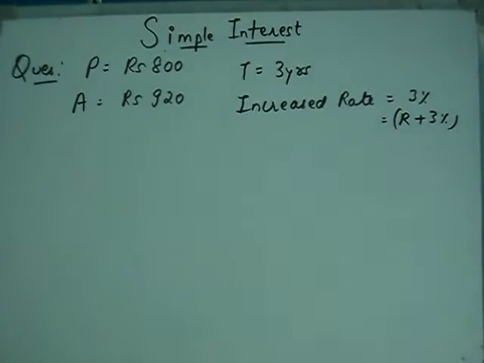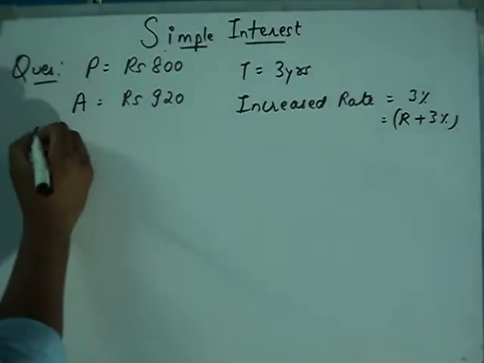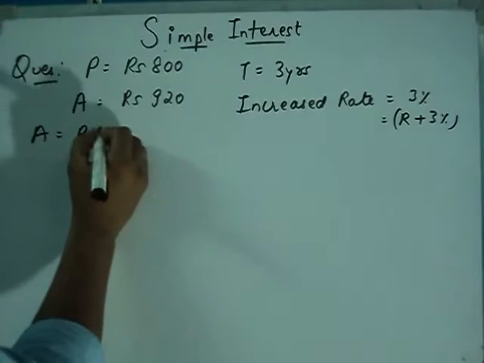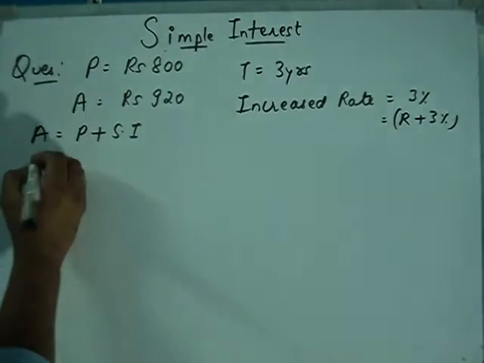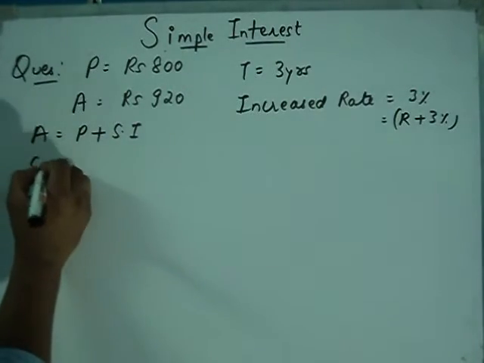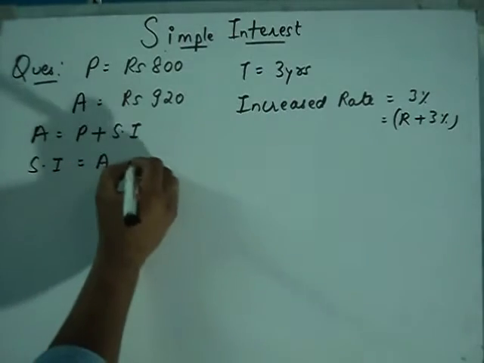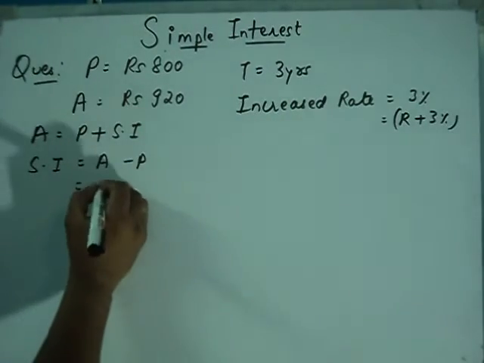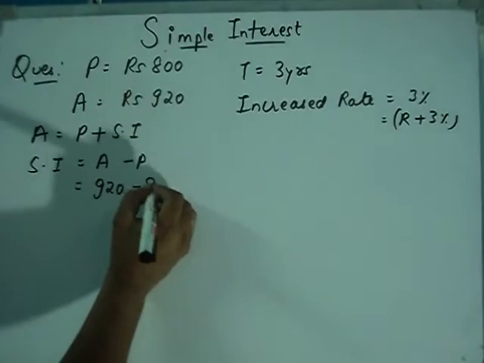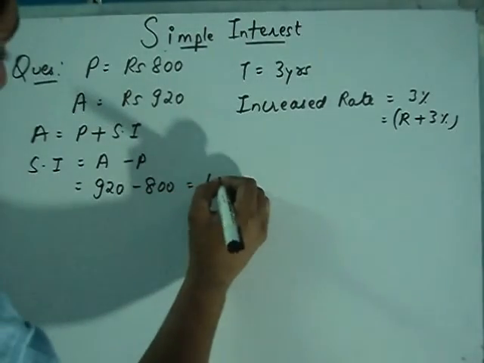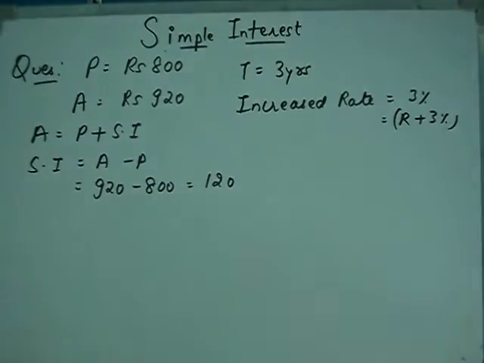As we know, amount equals principal plus SI. In that case, we calculate the SI by A minus P, which equals 920 minus 800, and we get 120 as our SI.